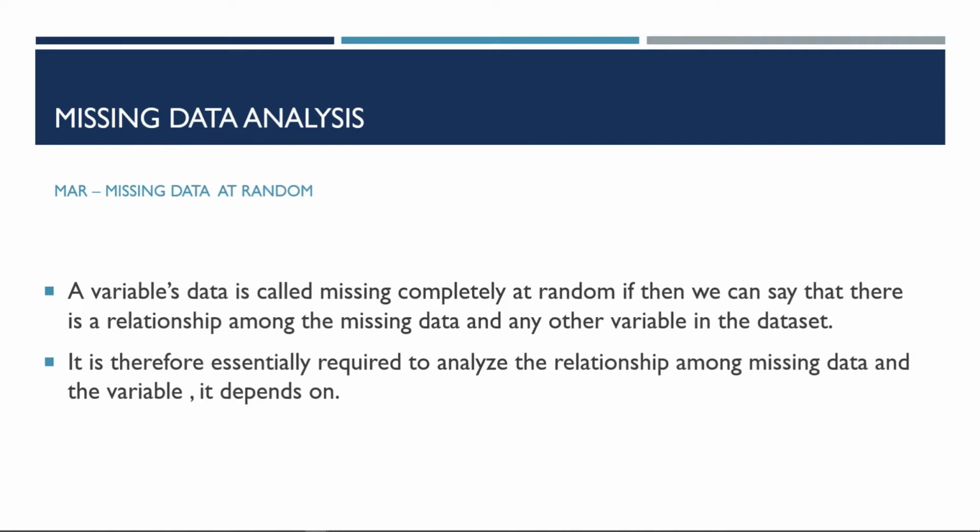The other type is missing at random. This is when the missing data has some relationship with another variable. For example, if we talk about the Titanic data frame and analyze it, you will find that many of the details of the persons who were on board the Titanic were missing because they did not survive. Why was a lot of information missing about only those who did not survive?